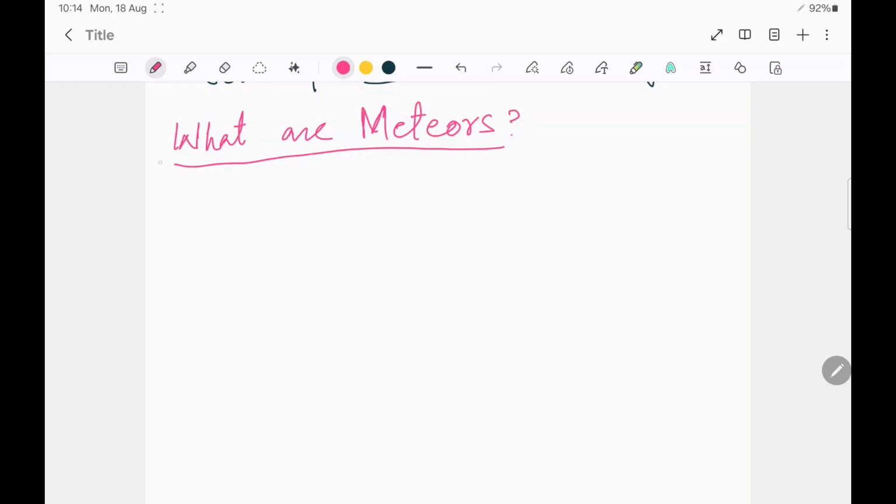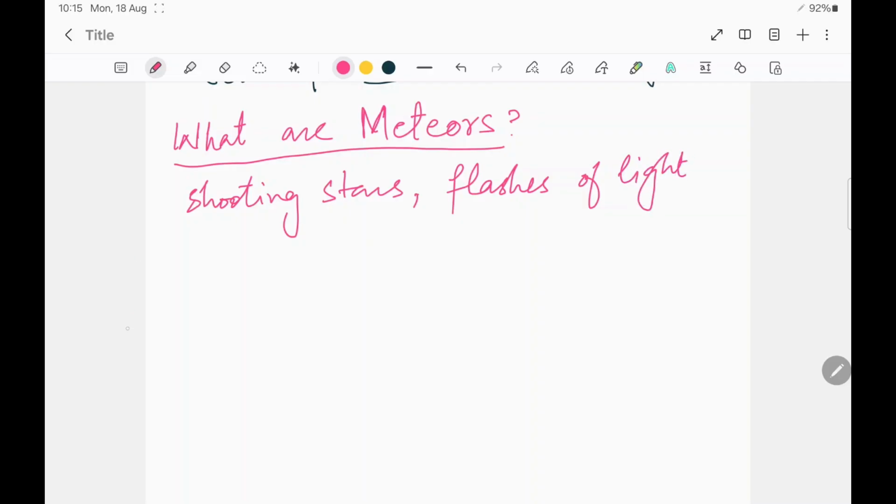Right, dear students, the very first point that we are going to discuss is what are meteors. Meteors are called the shooting stars, and they are flashes of light in the night sky, because obviously in the night time we are able to see them. And how do they appear?